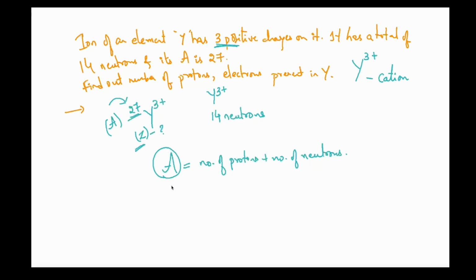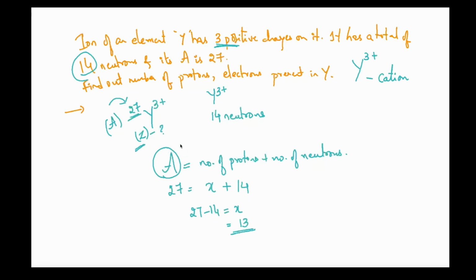They've already given the mass number, which is 27. We need to find the number of protons. Let's designate it X, and the number of neutrons is 14. So 27 minus 14 gives you X, which is equal to 13.